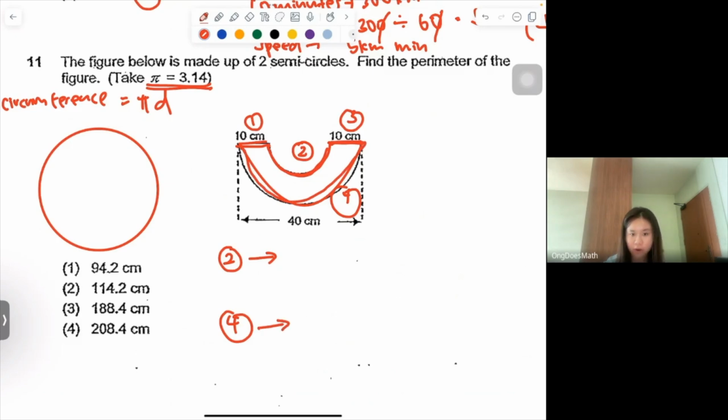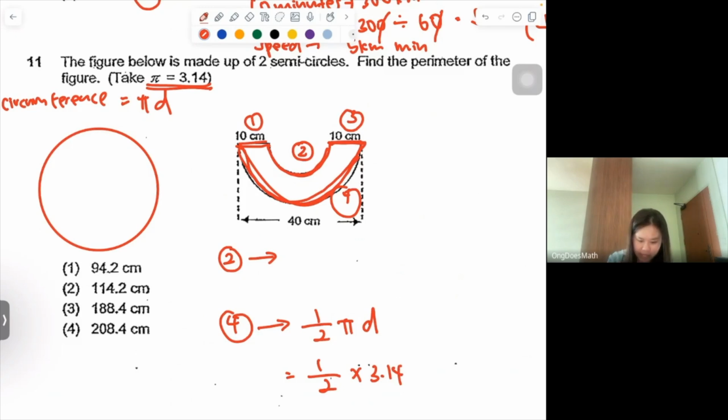So we'll do 4 first because it's easier. So to find side 4, we have to take half of the circumference because like I said earlier, it's a semicircle. So it'll be half pi d instead. So in this case, half times 3.14. As stated in the question, pi is 3.14.